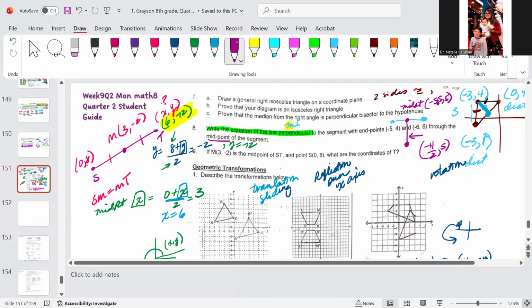Now, we have a point on that, but how would I be able to find the slope? Write the equation of the line perpendicular to the segment with endpoints.